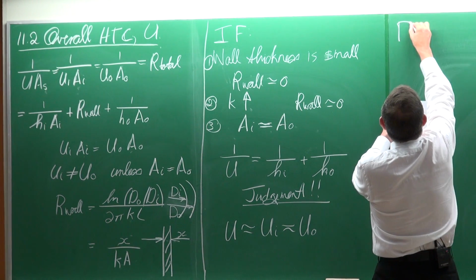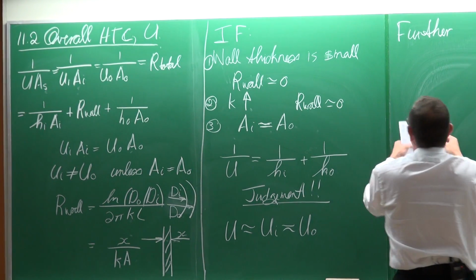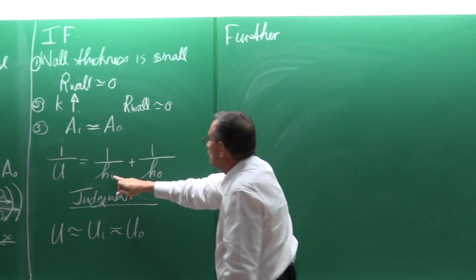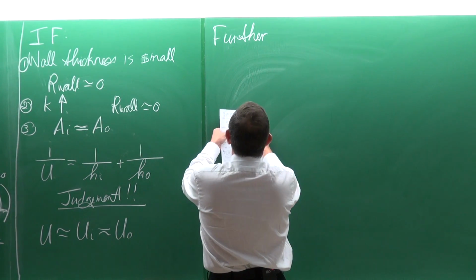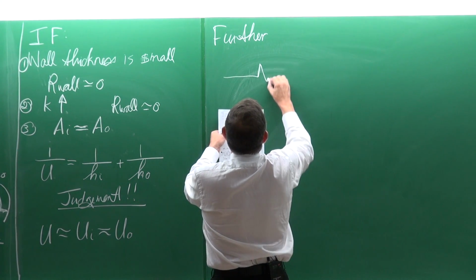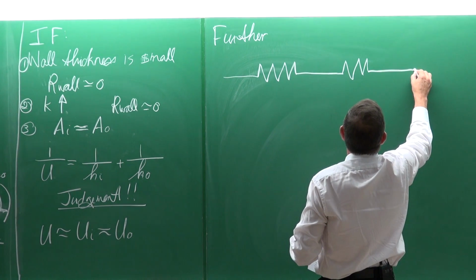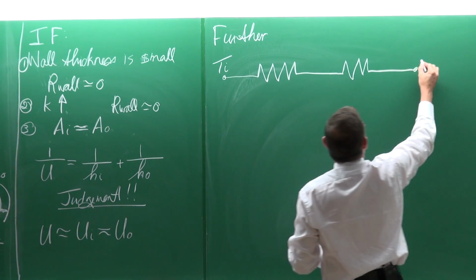Now let's look further at what can also happen or happens in many cases. If we have now this case of the two heat transfer coefficients that determine the overall heat transfer coefficient, then we can typically have, if we look at the two resistances, if that is now the inside temperature and that is the outside temperature.